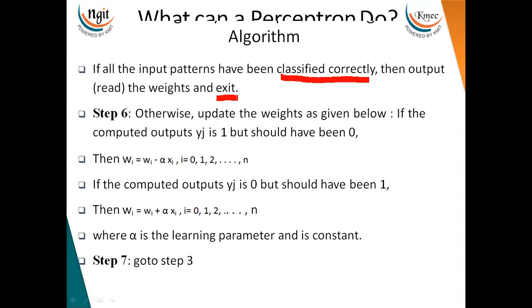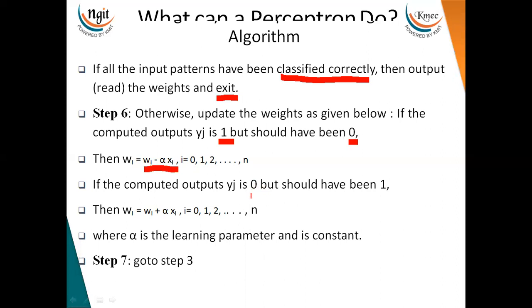But when the difference between the expected output and obtained output is more, for example, my expected output is 0, but I'm getting 1, then in that case, I should decrease the value. Then how will I decrease it? I will modify the weight by using the formula wi minus alpha xi, where alpha is known as the learning rate.